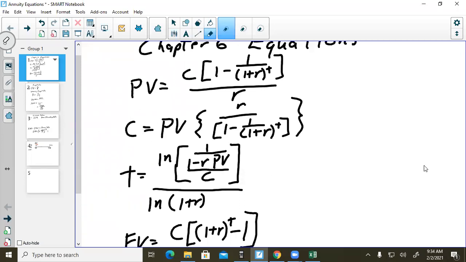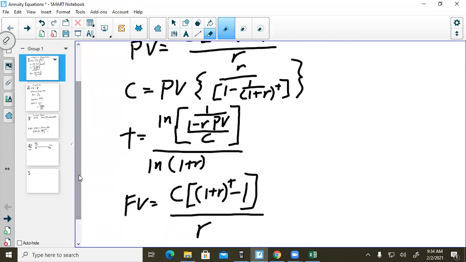Here's how to calculate the cash flow if you want to do all that, folks. The tools are so much easier, but here are the equations. Have at it if you want them.